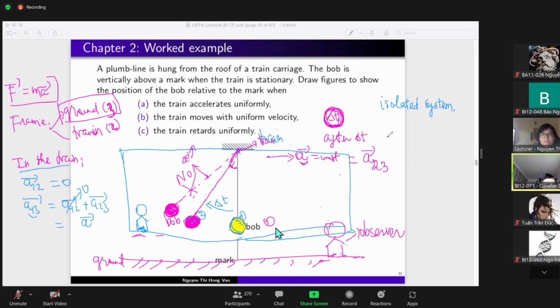The system with the bob. The system of the bob and the train, I guess. The two of them are isolated, they're not in the same system. Maybe. Not really.